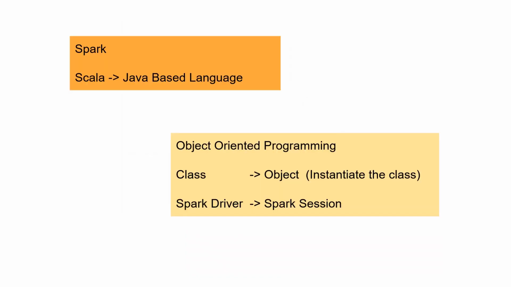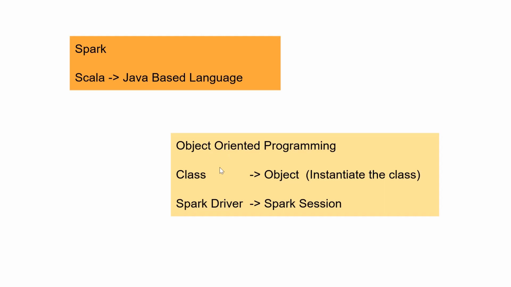Let's understand what language Spark is written in. Spark is written in something called Scala. It is a Java based language. When it comes to Java, you understand that Java is an object oriented language, and I can explain what happens within Scala and within the driver in the context of object oriented programming.